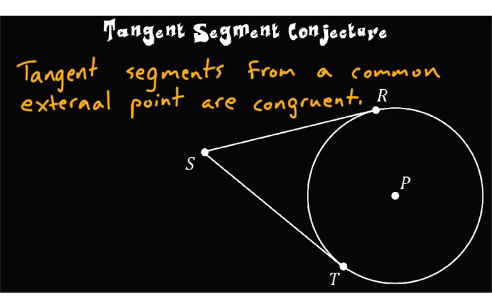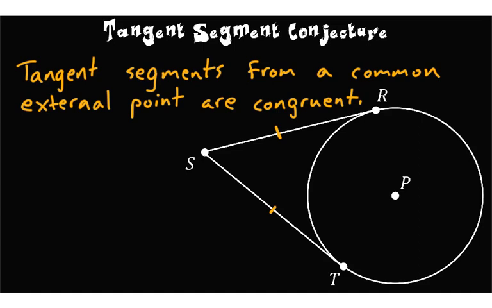So in this case, S is the common external point where these tangent segments, SR and ST, come from. So if those are in fact tangents, then segment SR is congruent to segment ST.